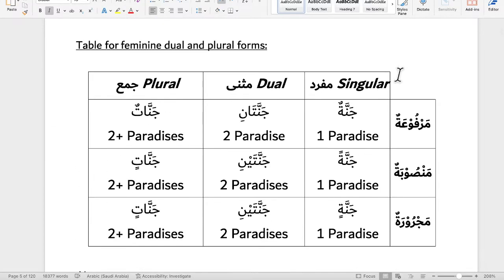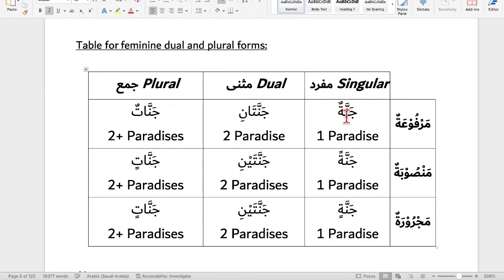Similarly, for the feminine nouns there is another table. You just replace the word and the form will stay the same. For example, jannatun, with the same un form, an form, in form: jannatun, jannatan, jannatin.